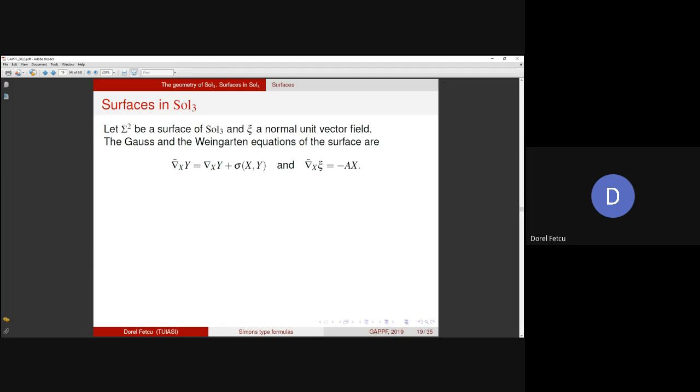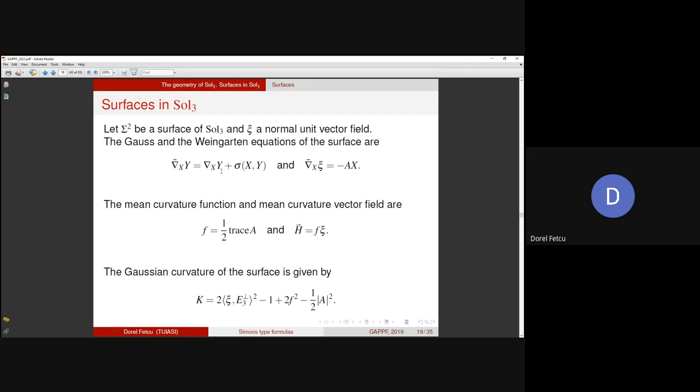Then the Gauss and Weingarten equations of the surface are these. The mean curvature function is defined as the trace of the shape operator, or the second fundamental form, divided by 2. And the mean curvature vector field is equal to H times the unit normal vector field C.